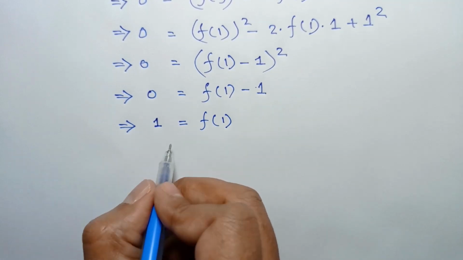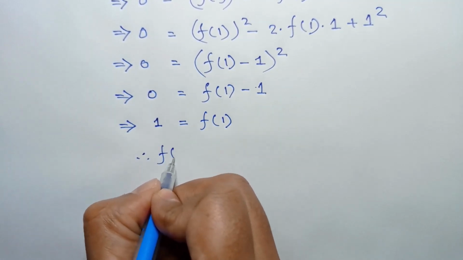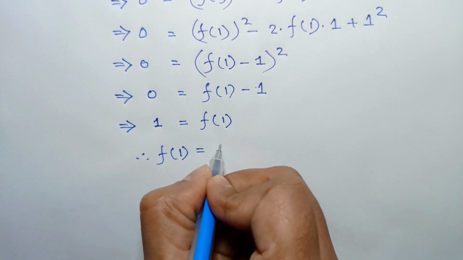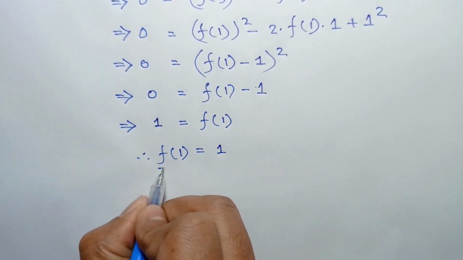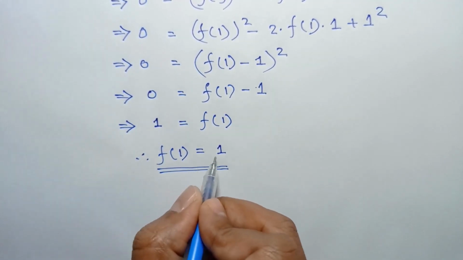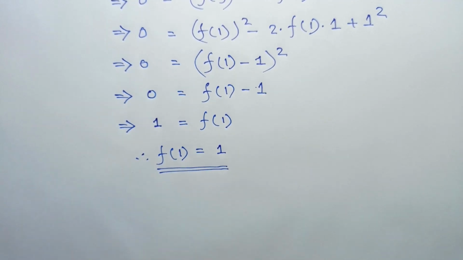Now exchanging sides, we will have f(1) is equal to 1. So this is the value of f(1).